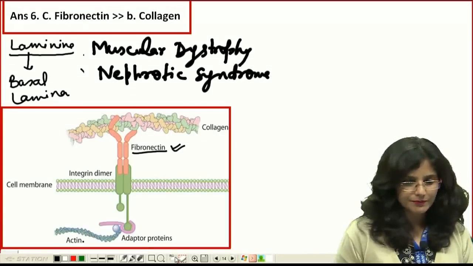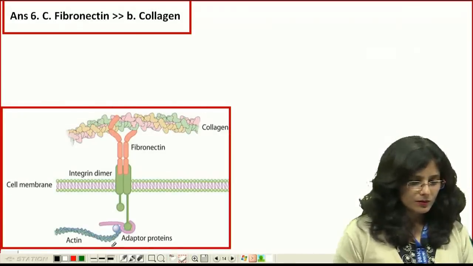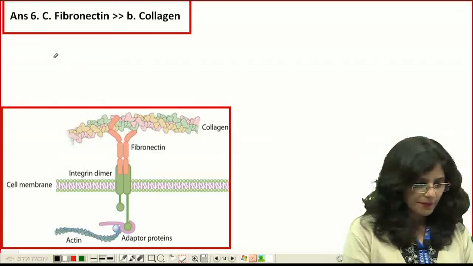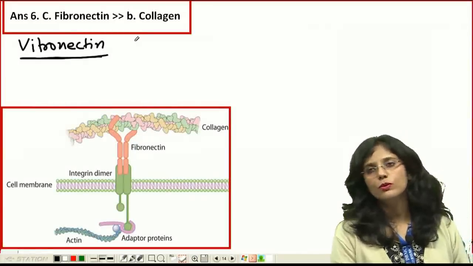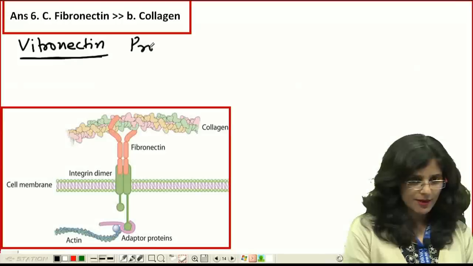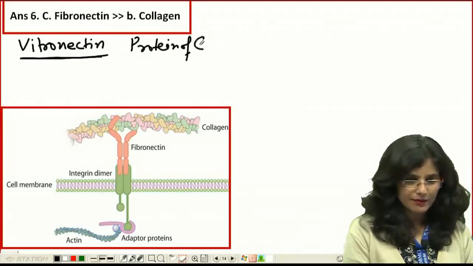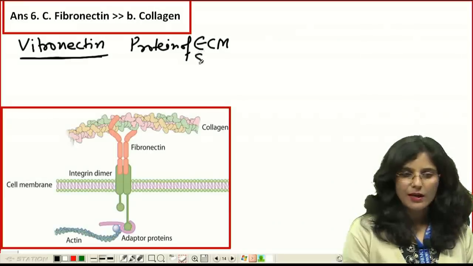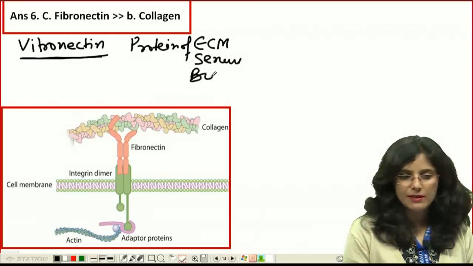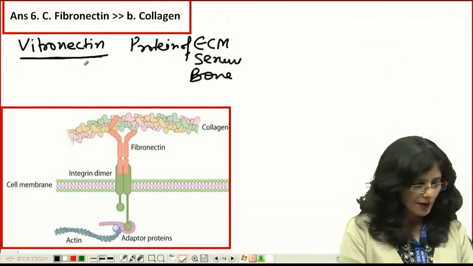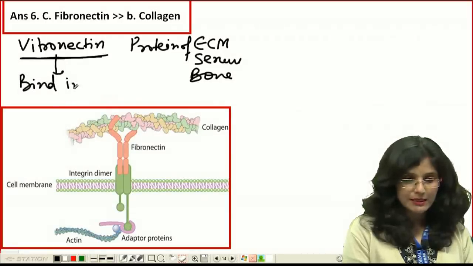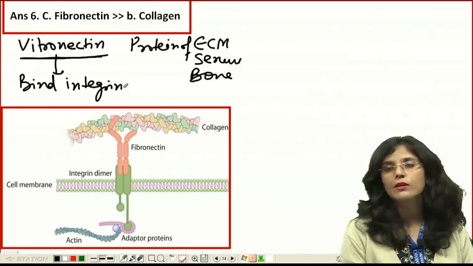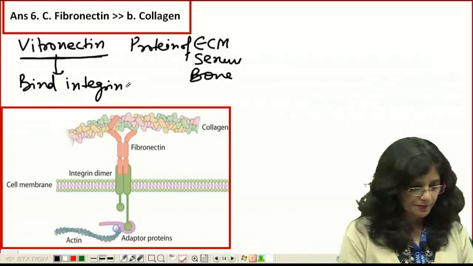Now another option was vitronectin. This is also a protein of the extracellular matrix. It is also found in serum as well as in bone. And it also binds through the integrin. That's why it was also an option in the question.